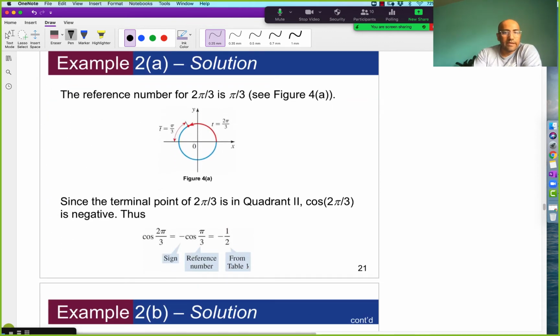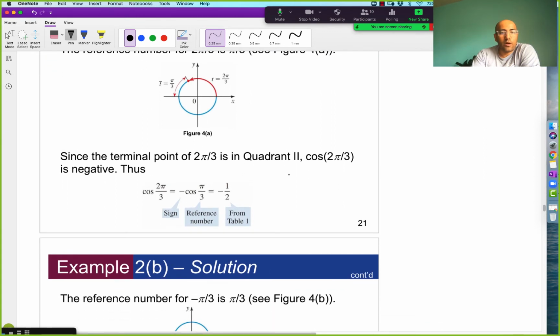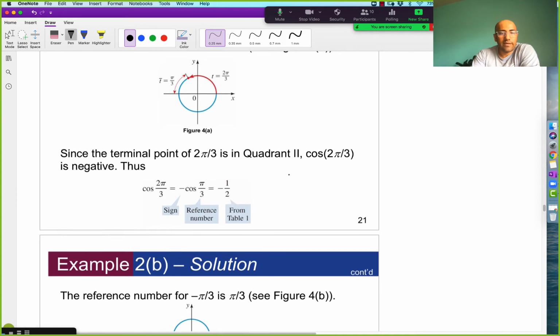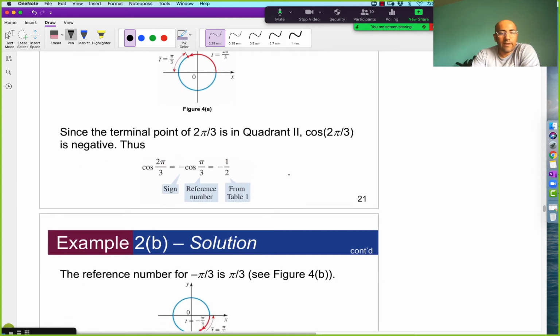So here's the same thing I did, just some nicer graphics. The first one was 2 pi over 3, so that leads you to quadrant 2. That extra little gap is pi over 3. Putting it into a value in quadrant 1 gets you the ordered pair. We have to connect it back to quadrant 2, and we get an answer of negative 1/2.